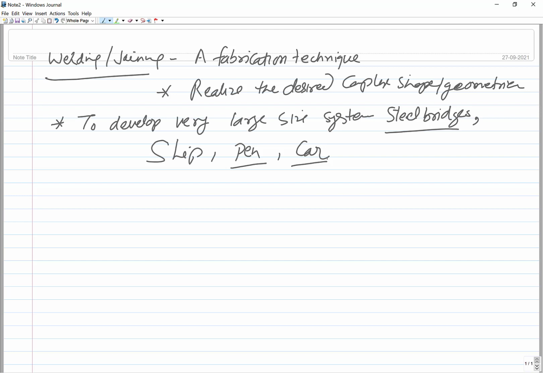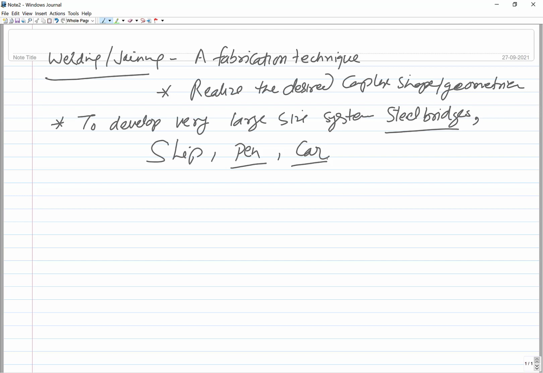And joining is not just one type of metal with a similar type of metal of another component, but sometimes aluminum is to be joined with steel, or aluminum with glass. So there is no match between the characteristics of the two. Still the joint is to be developed.